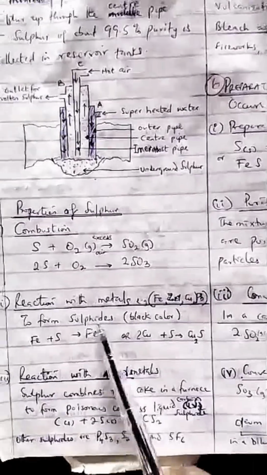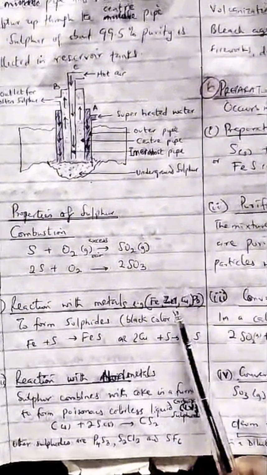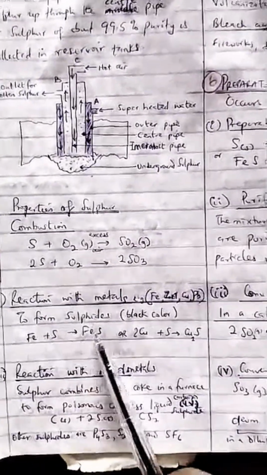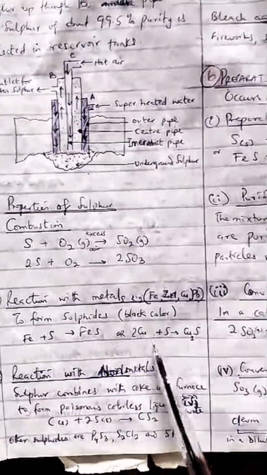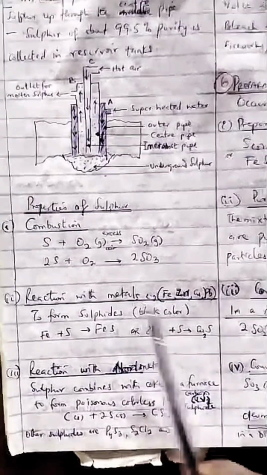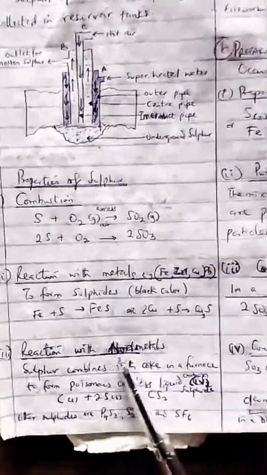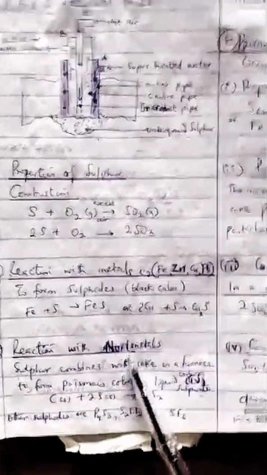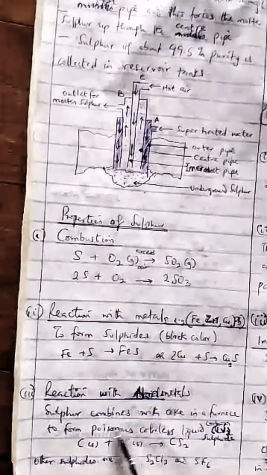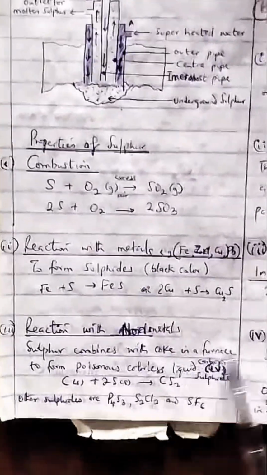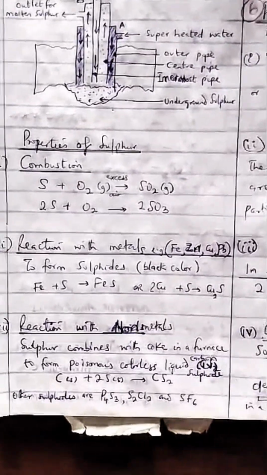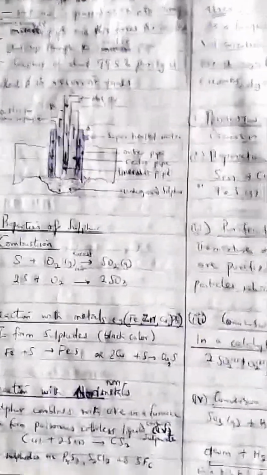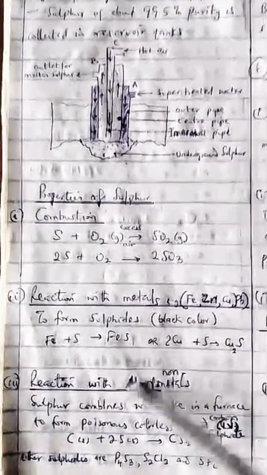It also forms sulfides, which tend to be black in color. Of course these are iron pyrites, or it could be copper sulfide.